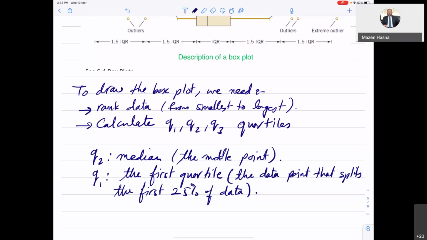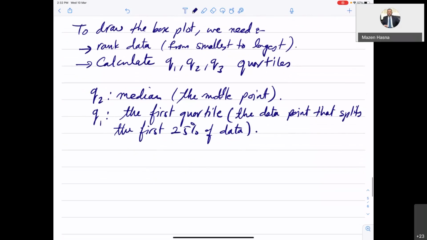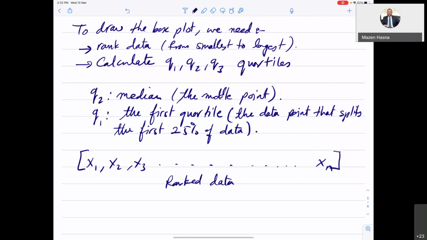So if you rank your data from smallest to largest, if you cut it into 4, if this is your data, x1, x2, x3, all the way to xn ranked, then the middle point is Q2, which is the median.